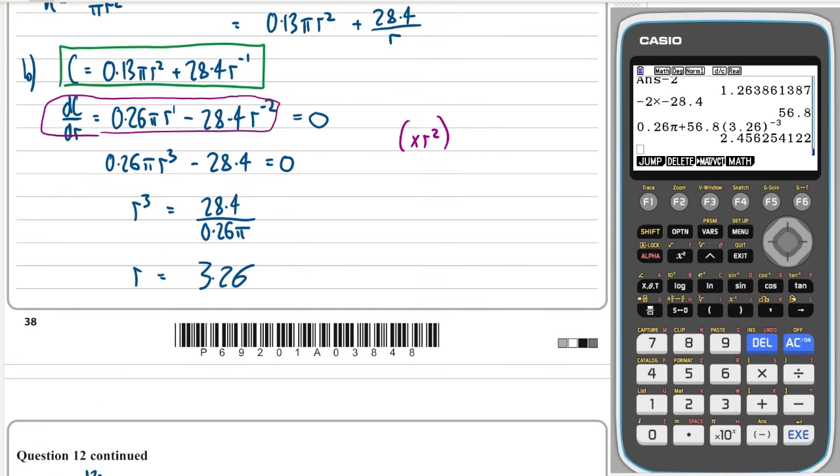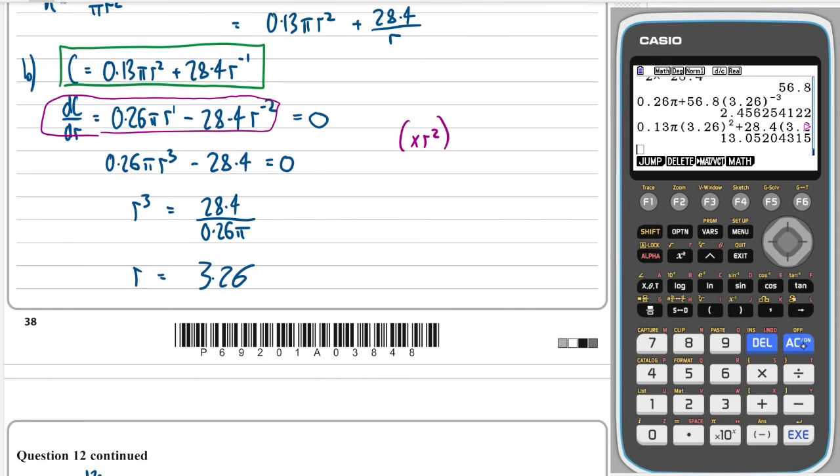So the r value was 3.26, and then we are squaring that, and then we're adding that to 28.4 times by 3.26, and we're doing that to the power of minus 1.